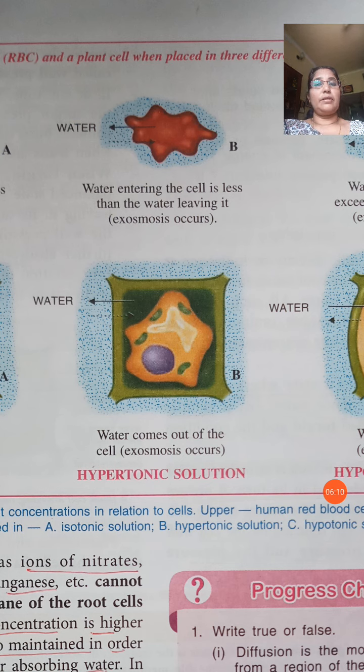That is, water inside the cell will be absorbed by the hypertonic solution outside. In the RBC you can see the cell is in a shrunken stage. In the plant cell, the cell wall maintains its shape. That square shape is maintained by the cell wall, but the cell membrane and all other content shrink because of the exosmosis.